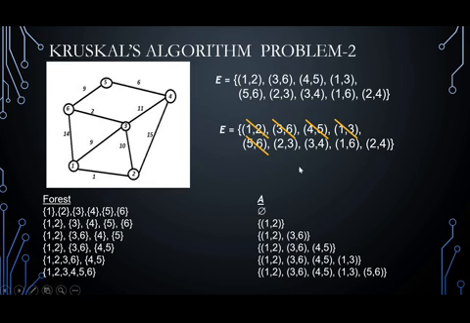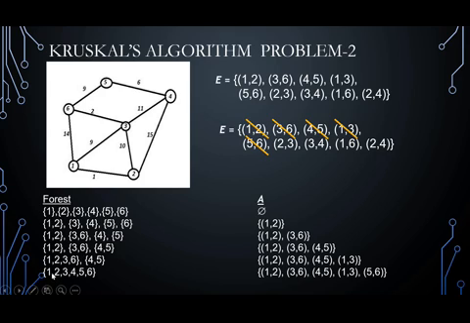So what are you supposed to do? Pick another edge. The next edge is 5, 6. So 5 is in set number 2, 6 is in set number 1. Because they both are in separate sets, it is a safe edge. Add it onto the solution tree. So your solution tree becomes 1, 2, 3, 6, 4, 5, 1, 3, 5, 6.